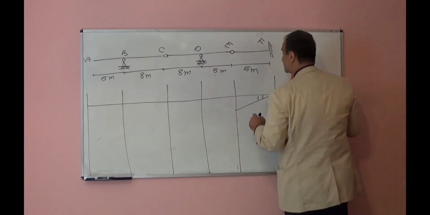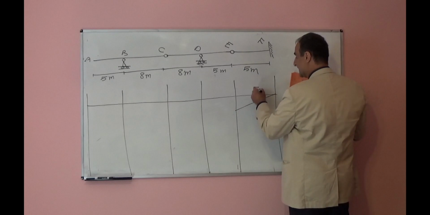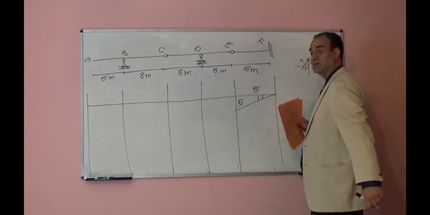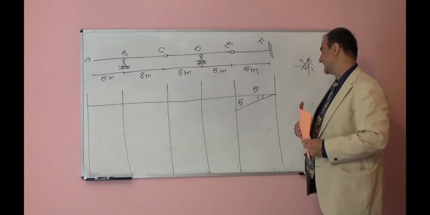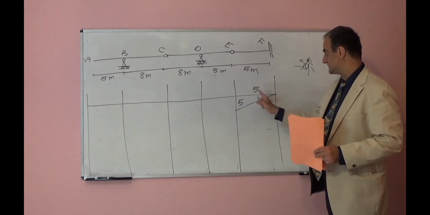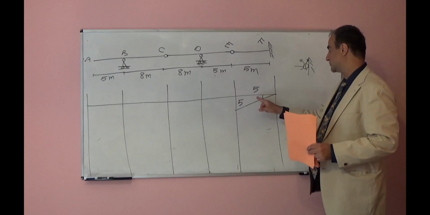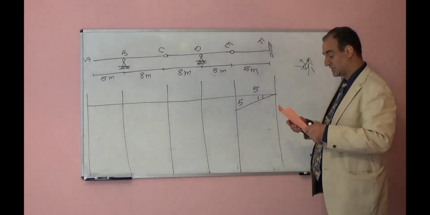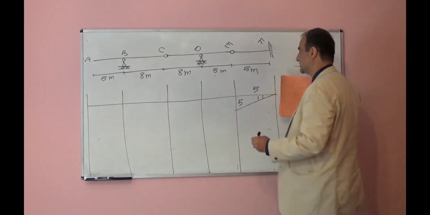If this angle is 1, from here to here it is 5. This height will be 5, because tangent of this angle will be 5 over this. So this should be 5 in order to have this rotation equal to the unit rotation.